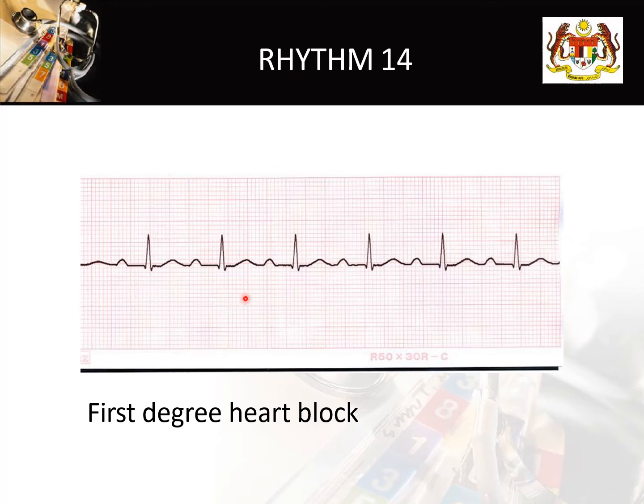This is quite common, especially in athletes, and sometimes can be present in patients with increased vagal tone, and sometimes in MI patients. With this rhythm the patient is usually stable, unlikely to cause hemodynamic instability.